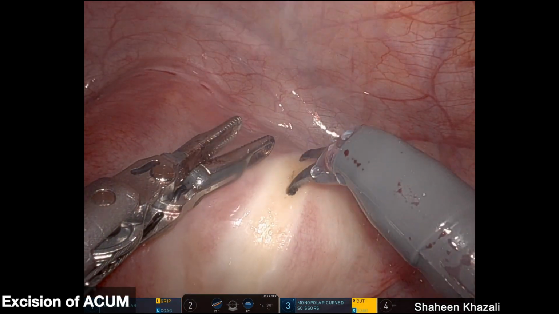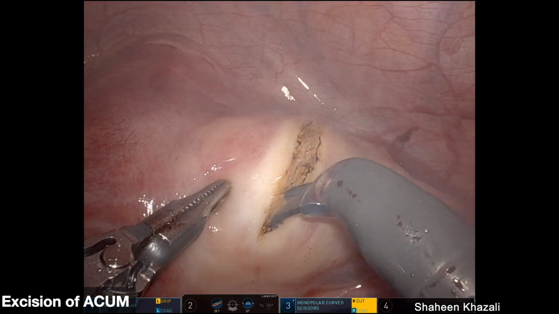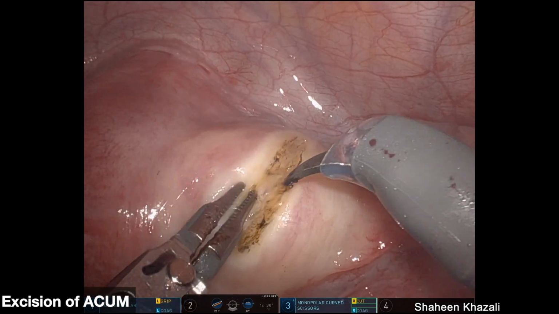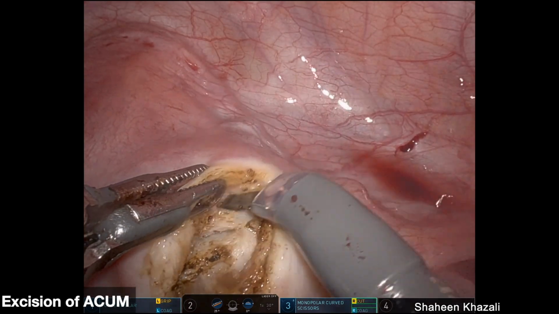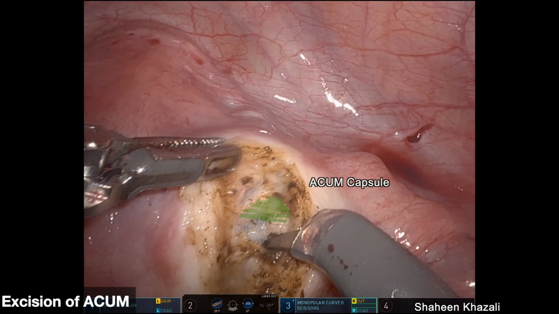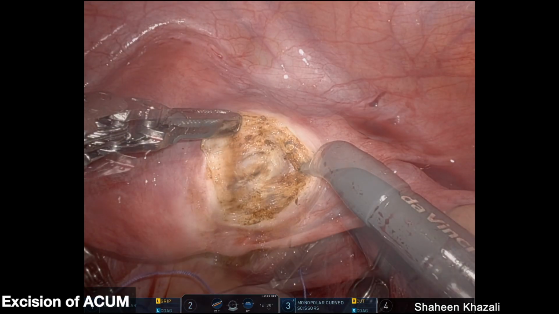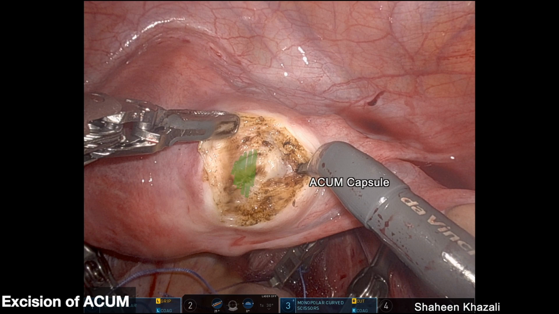An incision is made directly overlying the ACUM, and the layers are slowly exposed to show the thick wall of the ACUM capsule. A combination of sharp and blunt dissection is used to expose the capsule.